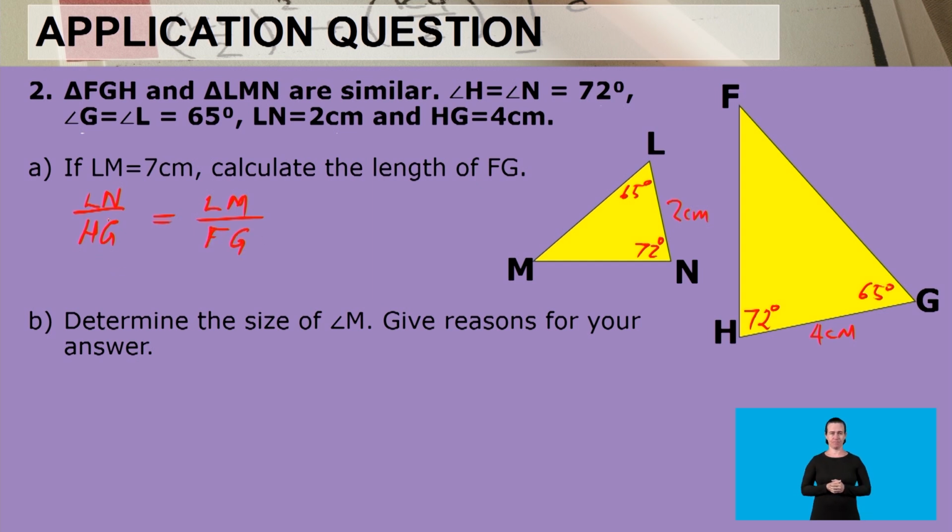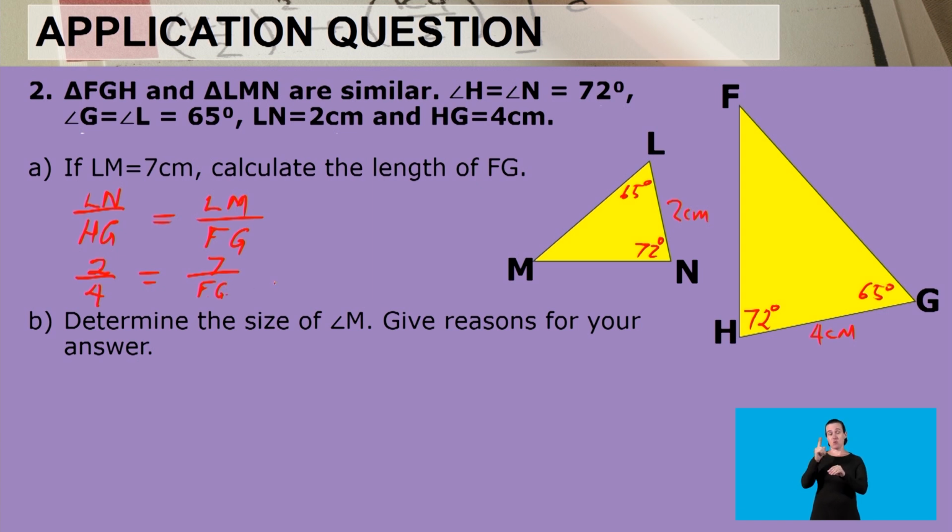So what are the figures? LN is 2 and HG is 4, and we are told that LM is 7 and FG is what we do not know. On the numerator I've got 2, on the denominator I've got 4, so the denominator is the numerator multiplied by 2. So if on the right I have a denominator of 7, the numerator will be multiplied by 2.